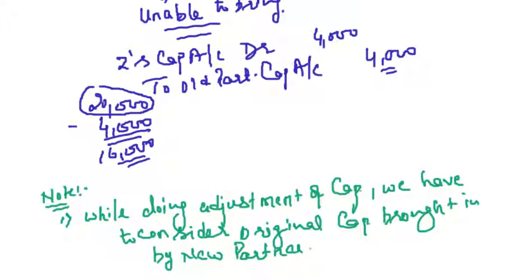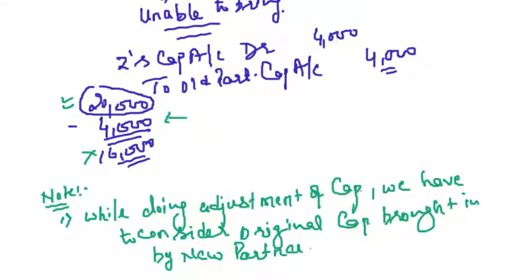Clear? Now your question will be, sir, what to do with this 4,000 then? If we are not going to debit this 4,000 to the capital account, because we have to consider this 20,000 and not 16,000, right, in the adjustment of capital, what to do with this 4,000 then?